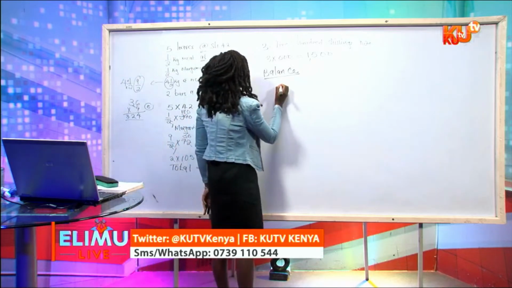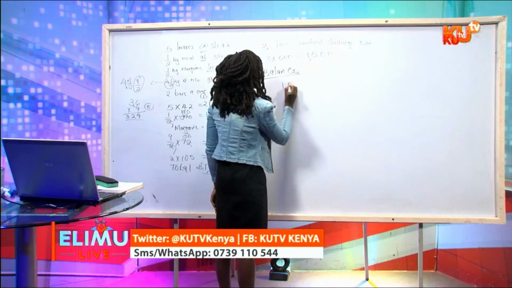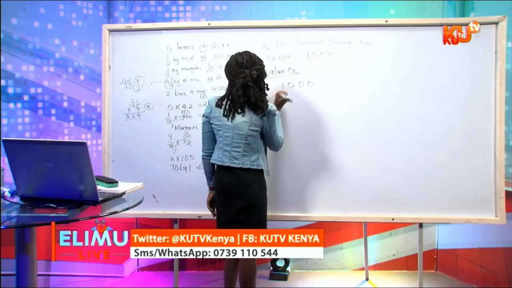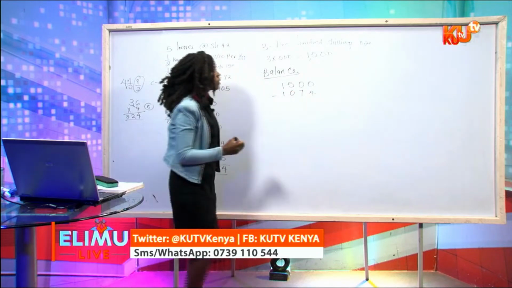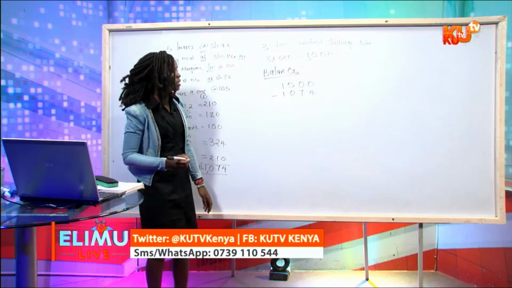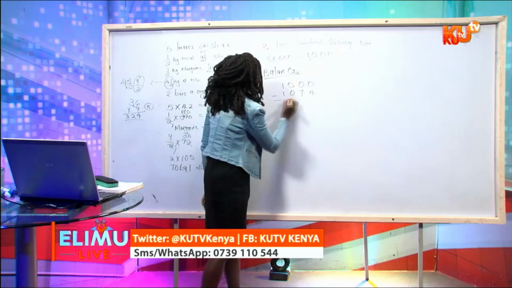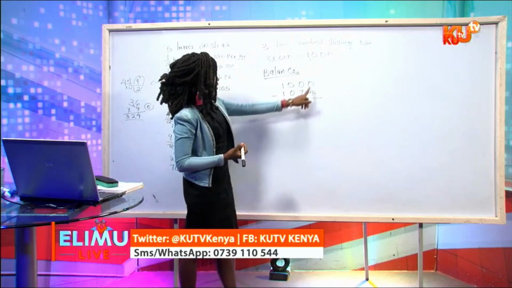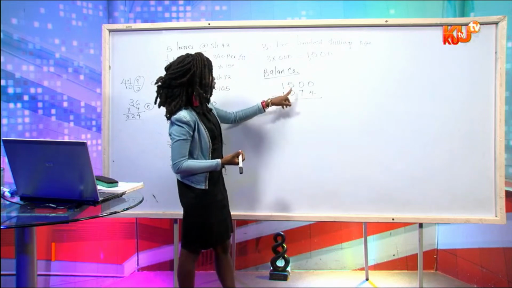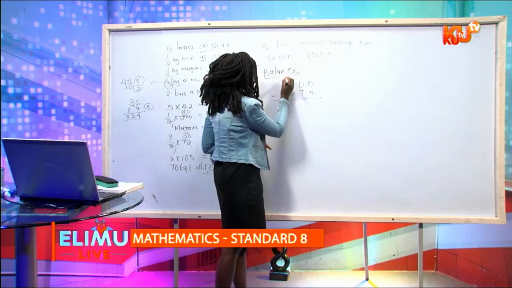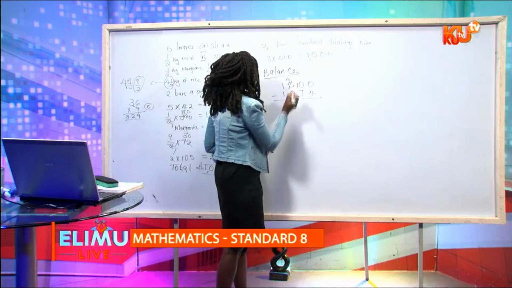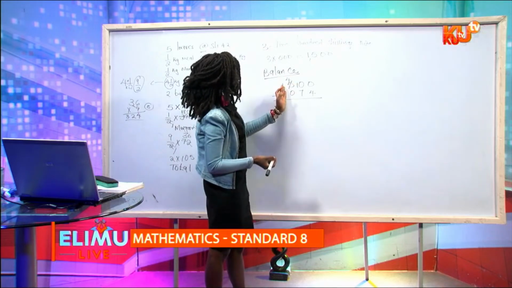That is 1,500 minus 1,074. This is impossible as it is, so we are going to borrow from this 5. From 5, we get 4. I bring 1 here. I've borrowed 100.